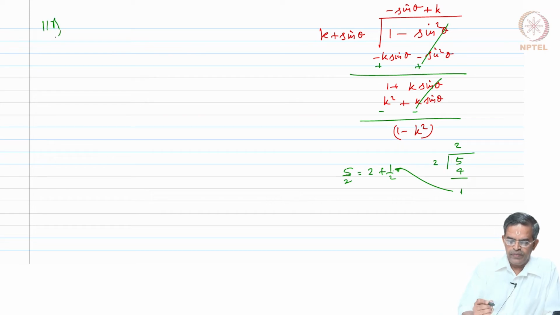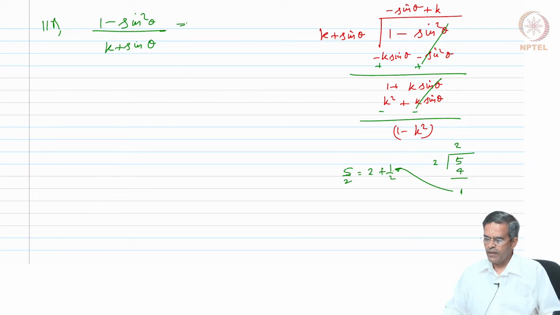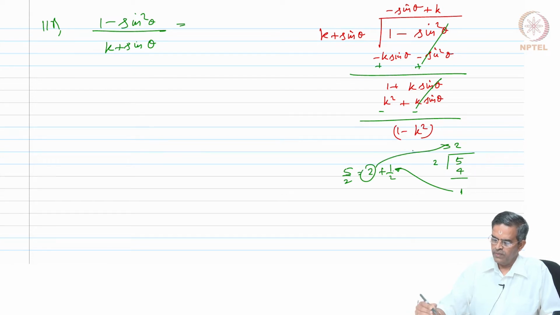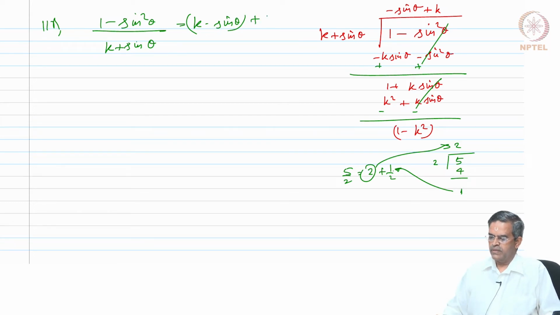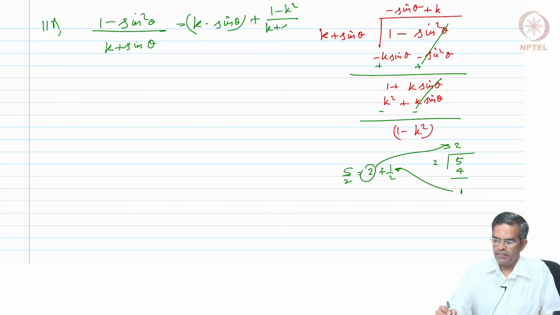Similarly, I can now write 1 minus sin square theta by k plus sin theta as k minus sin theta plus the remainder, 1 minus k square by k plus sin theta.